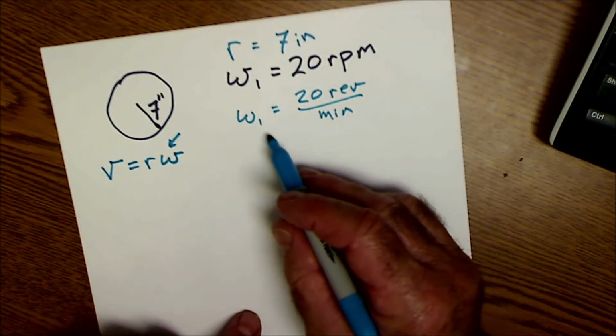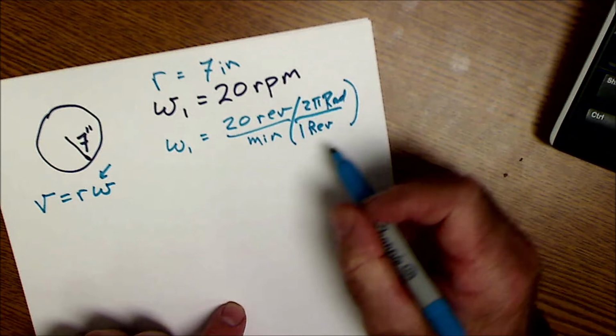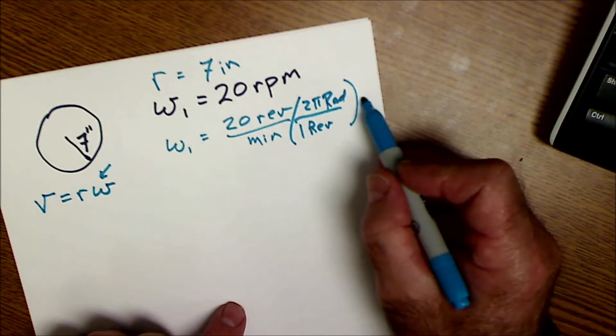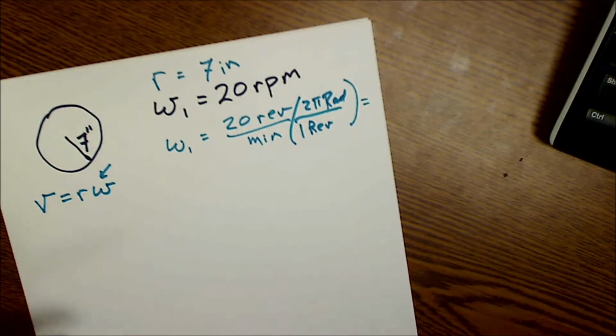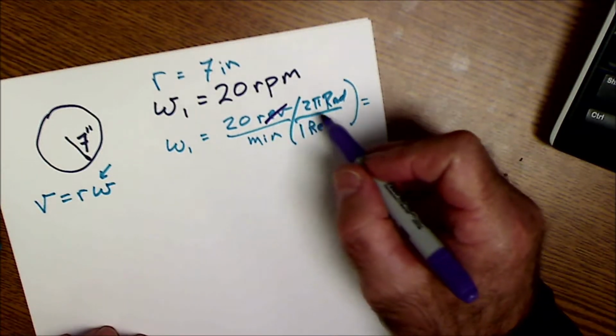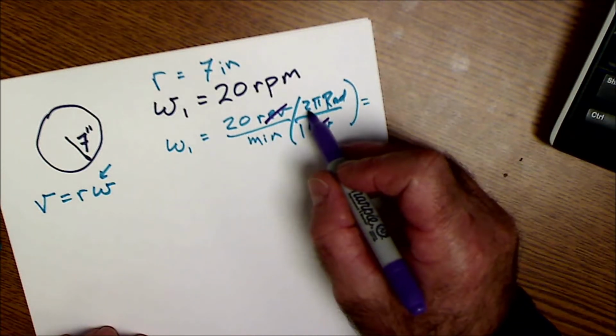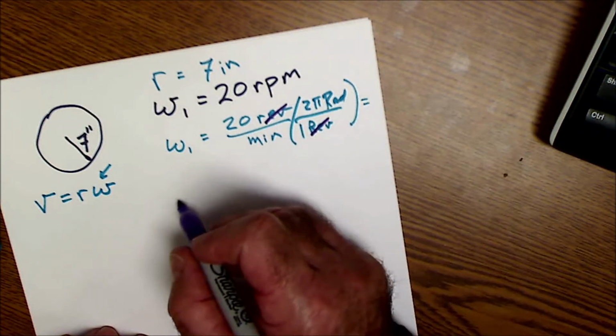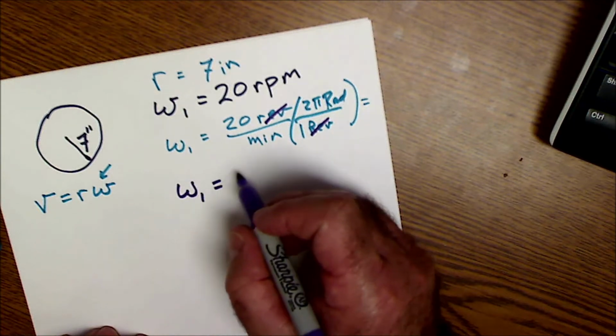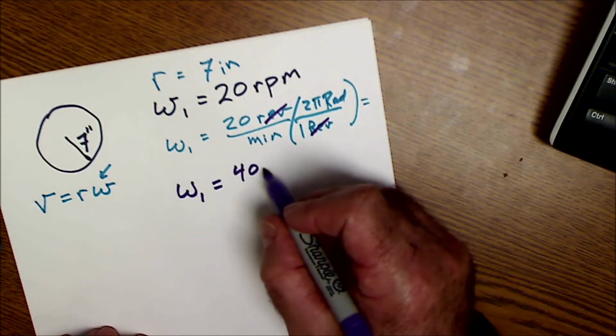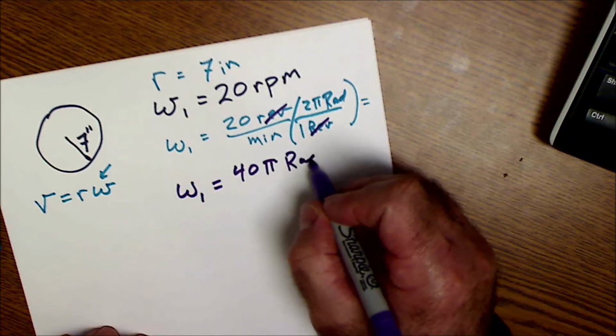So I convert this to radians to start with. 1 revolution is 2 pi radians. I multiply those. My revolutions cancel, and that's going to give me 20 times 2 times pi radians per minute. Still in angular velocity, but now I'm in radians per minute.